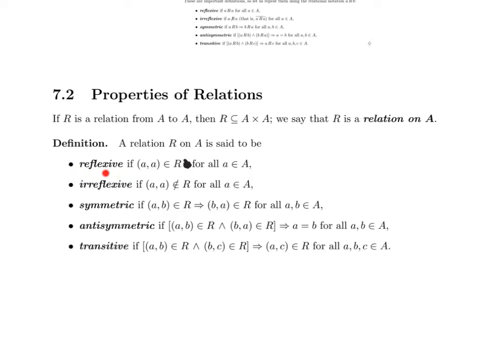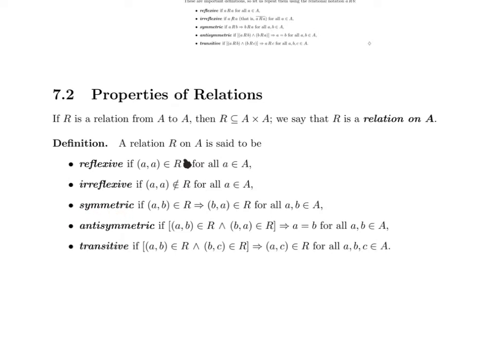So we say a relation is reflexive if every ordered pair where both coordinates are exactly the same thing is in the relation for all a in A. Irreflexive is the extreme opposite of that, meaning there is no such ordered pair of this form in the relation.